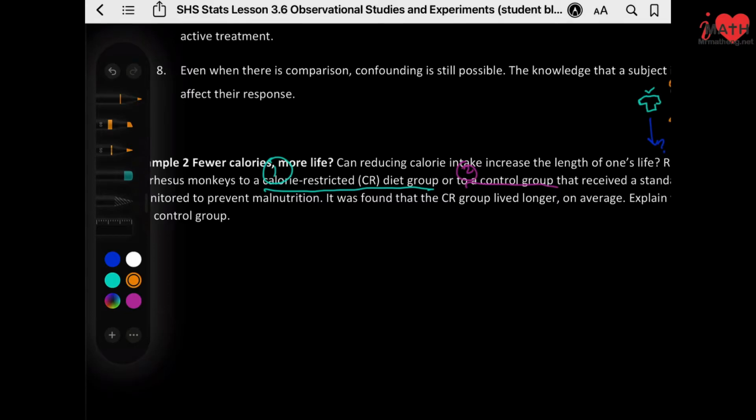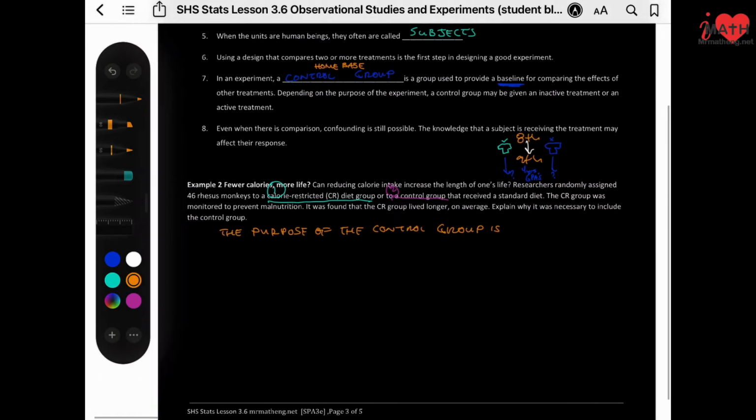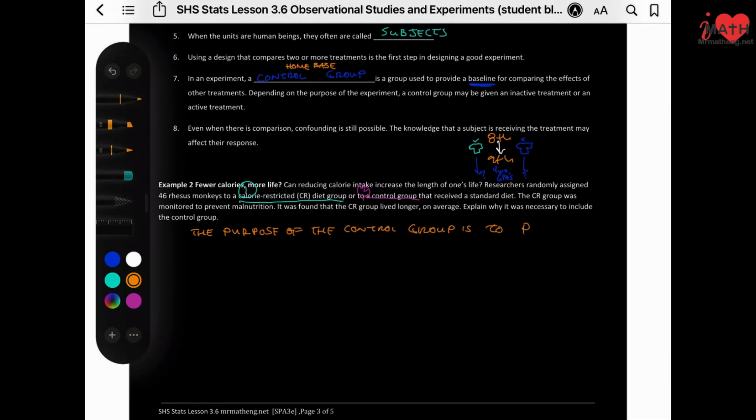So the purpose of the control group is to provide, remember that word we circled up here?